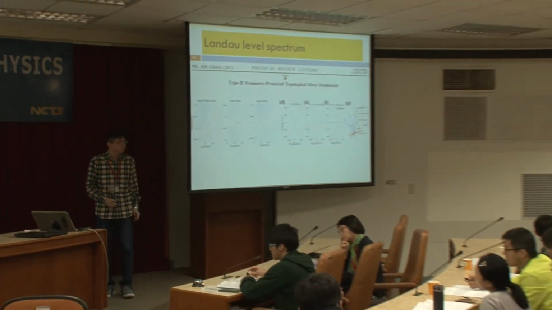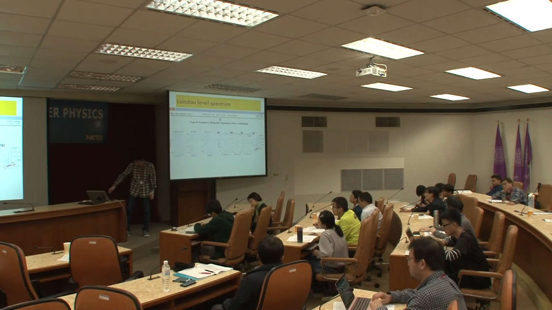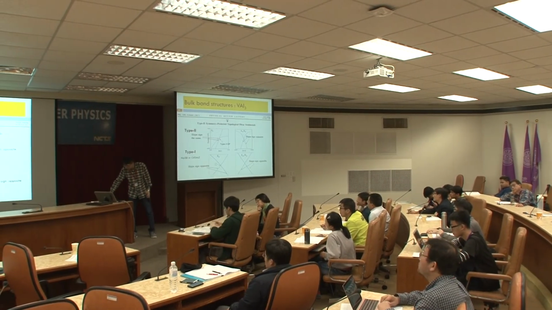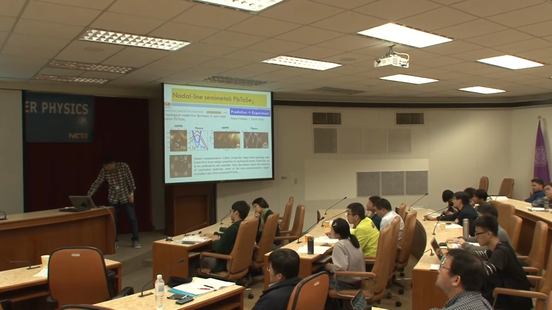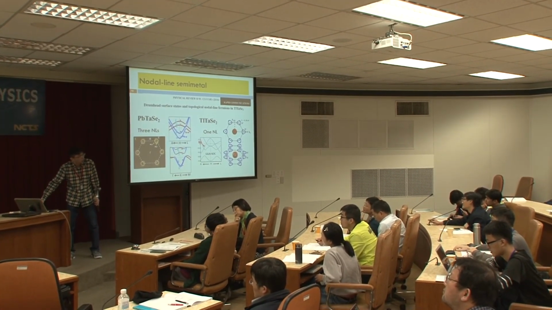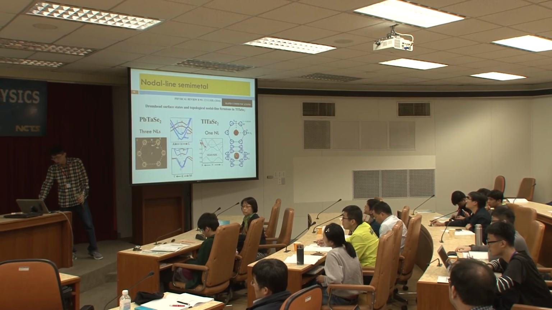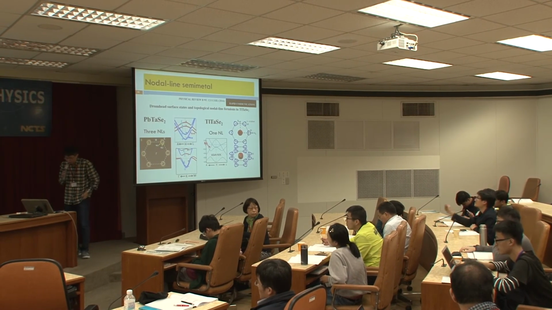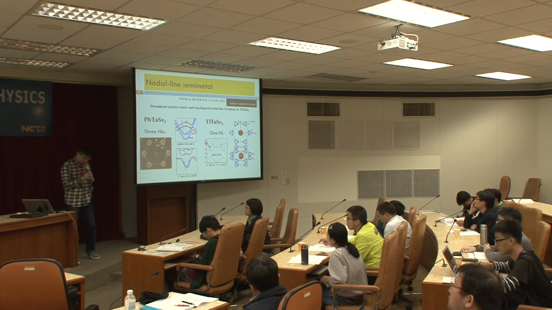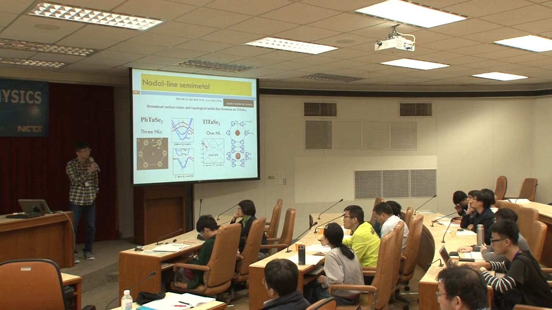Just one short question. You have mentioned the nodal line below the Fermi level. Could you comment on the conduction property contributed by this nodal line below the Fermi level? Sorry, we have not considered this effect very seriously.